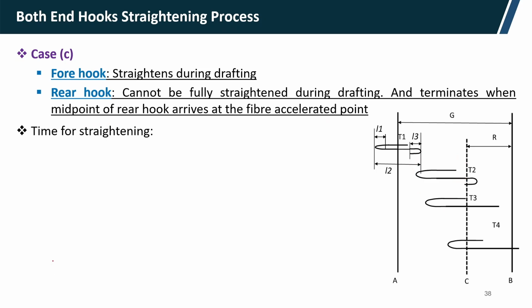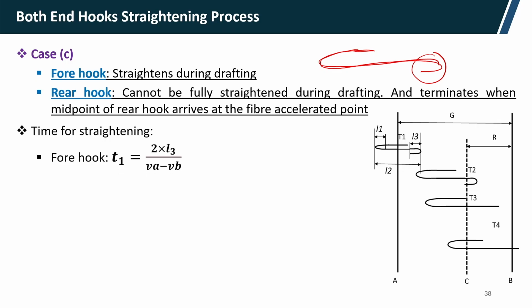So, the situation is that the trailing hook length is more than the leading hook length. When the leading hook length is smaller, the leading hook will get completely straightened, but the rear hook will not get straightened.